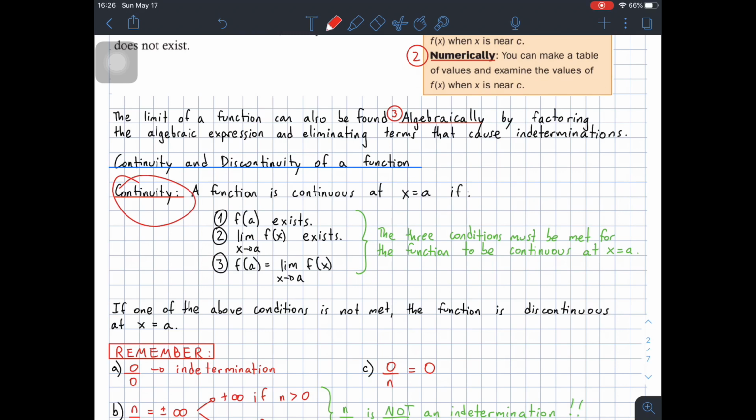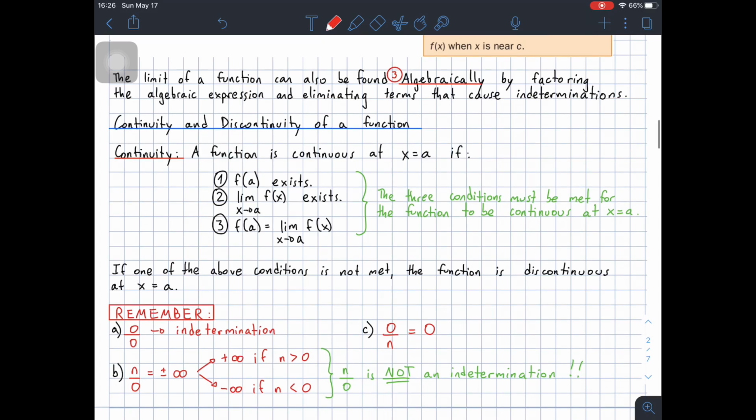The definition of continuity: a function f is continuous at x equals a if we have 3 conditions here. First, f of a exists, that is, when I replace the given value a into the function, I can actually find a value.